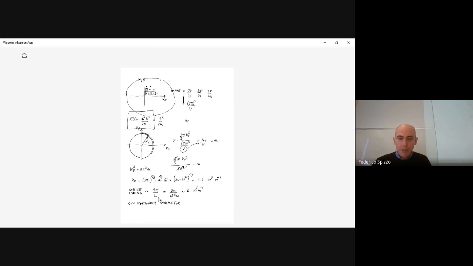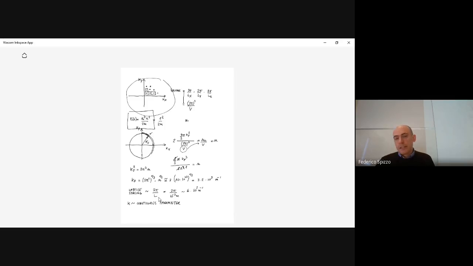Anyway, due to the fact that the energy of the levels depends on the square modulus of the wave vector, all the vectors belonging to these small regions at the surface of this sphere will have nearly the same energy.